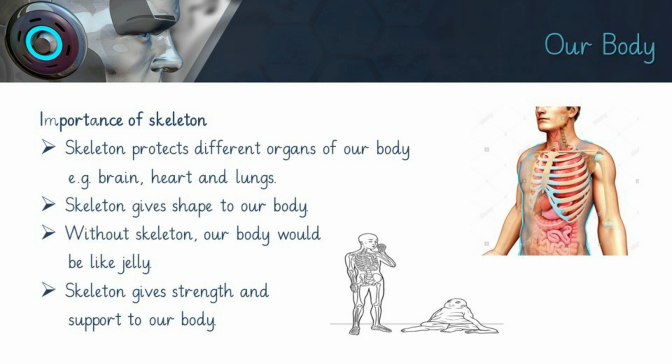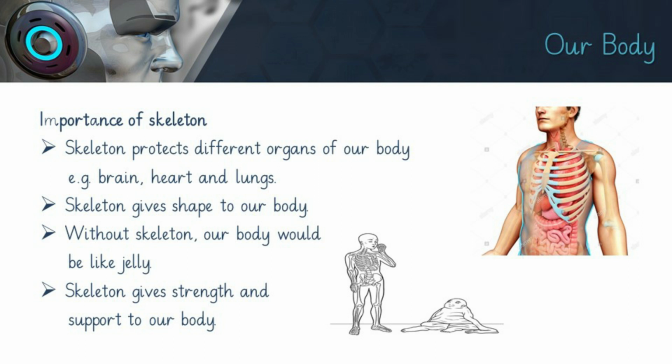Let's discuss some more details about skeleton. Importance of skeleton. What are the functions of skeleton in our body? Skeleton protects different body organs of our body like brain, heart and lungs, as it has been discussed earlier. Skeleton gives shape to our body. Without skeleton, our body would be like jelly.